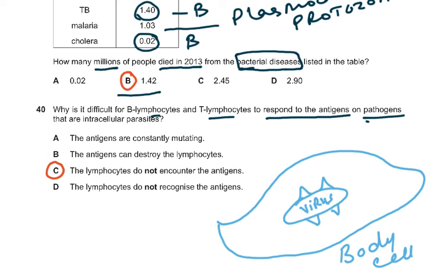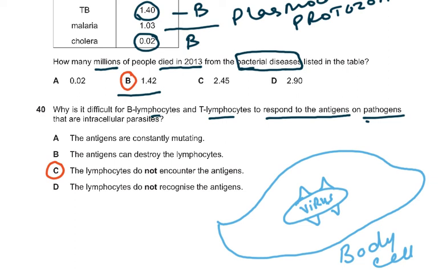So basically, the lymphocytes do not encounter the antigen because it is covered by your cell membrane. So it is inside a body cell, intracellular parasites, inside the cell. So the lymphocytes, how will they respond to it? Now, all these things were wrong. I mean, when you read the question, it's saying, why is it difficult? They're talking about the B and the T lymphocytes.